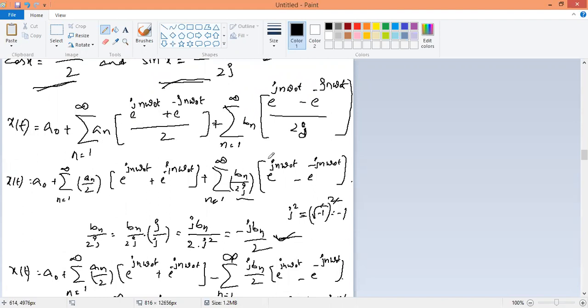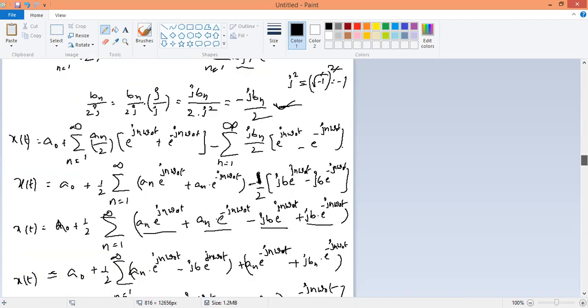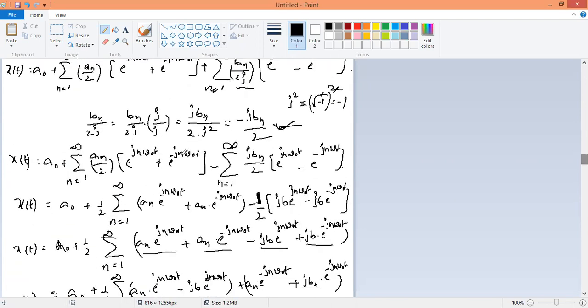an by 2 and bn by 2j. Here 2j is in the denominator, and it is moving into the numerator. bn by 2j, here I am multiplying by j by j. If I am multiplying bn by 2j into j by j, what is the value?